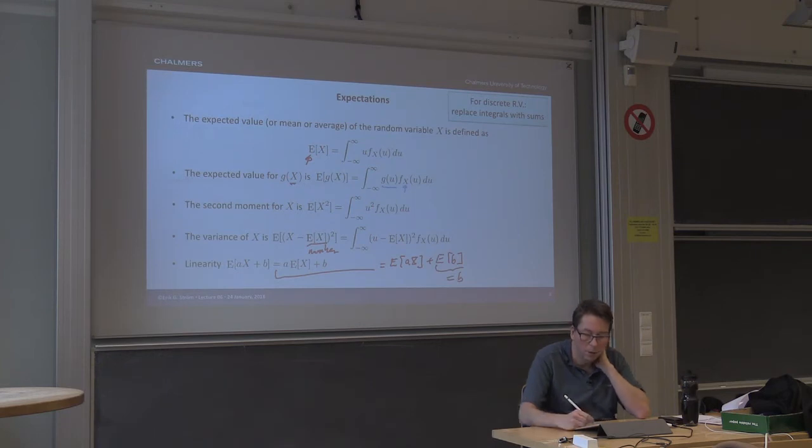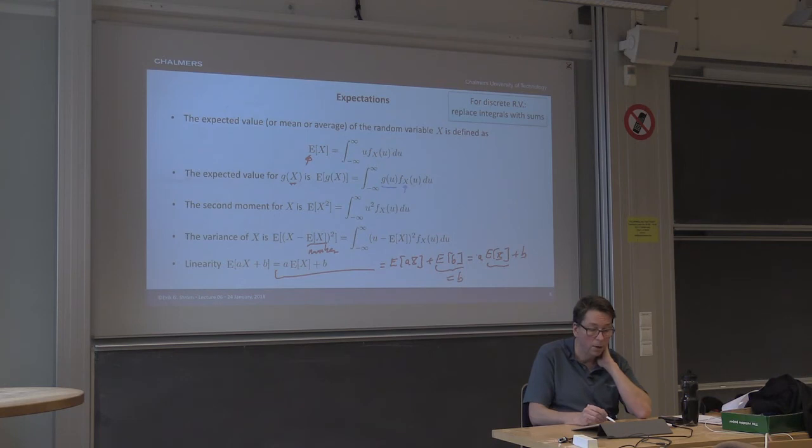Then we can continue and use linearity on the first term, and then we can write this as a times the expected value of x, plus b. So we can pull out a here, and then we get this formula.